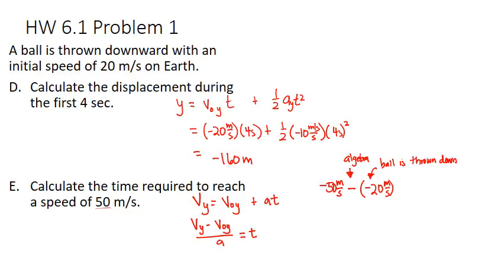And again, this negative sign is because the ball is moving downwards. And then A is negative 10 meters per second squared because the acceleration due to gravity is down, and for me that is negative. So this is equal to t, and it's equal to 3 seconds.